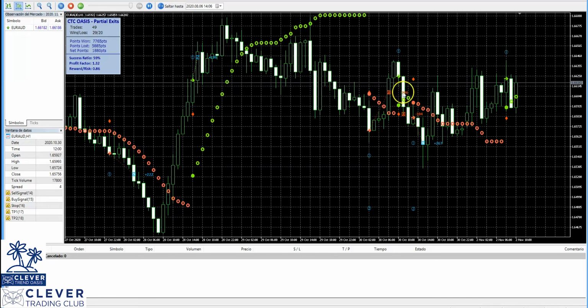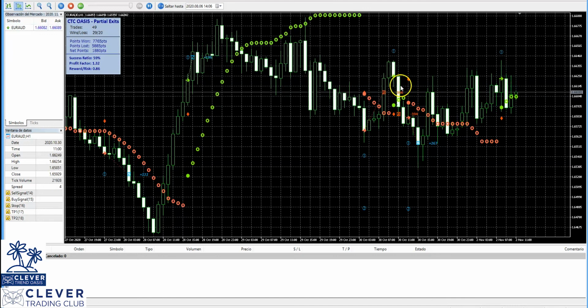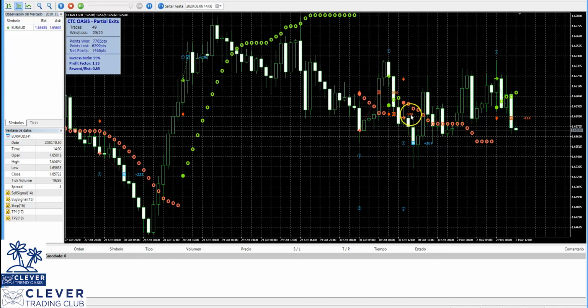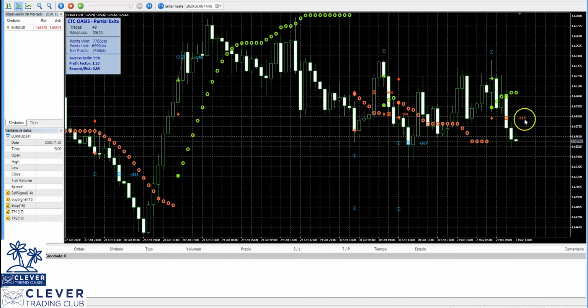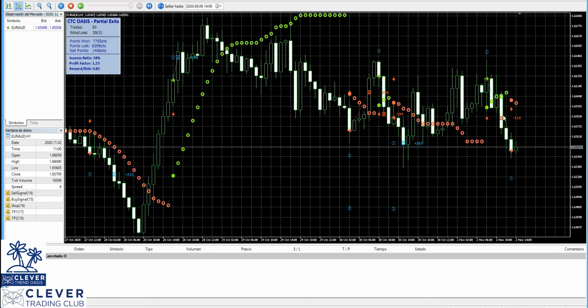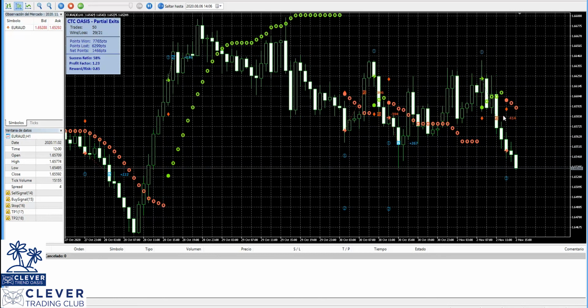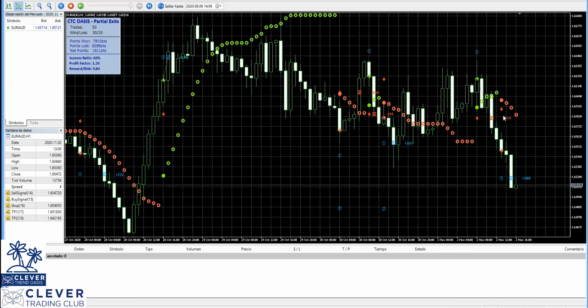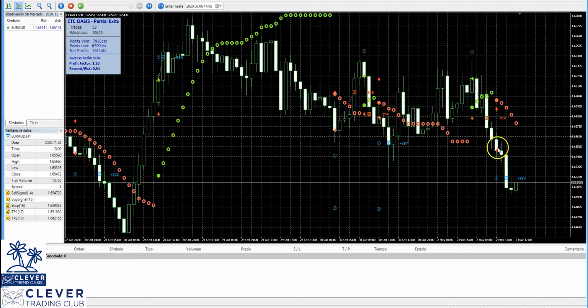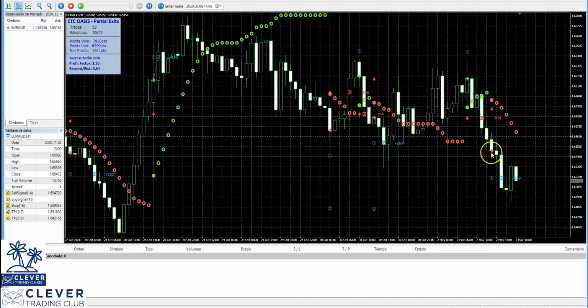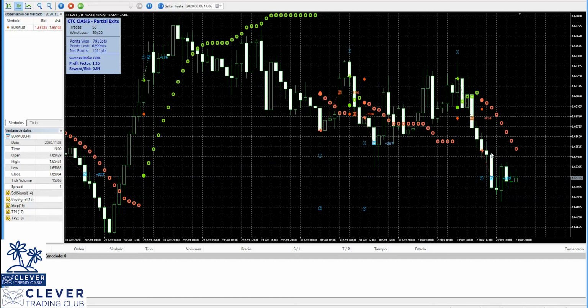This is how the indicator shows stops. For example, it stopped twice, more or less in the same place, and for the third time, and see that there's a new signal coming for a short trend, and let's see what happens.